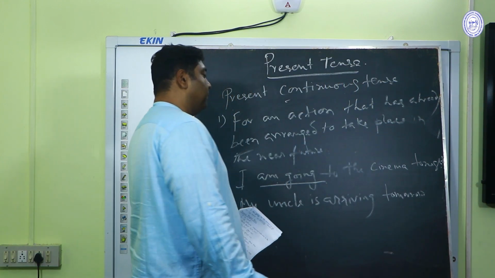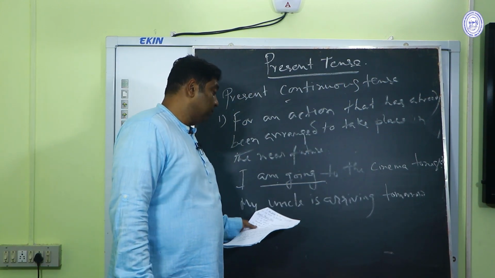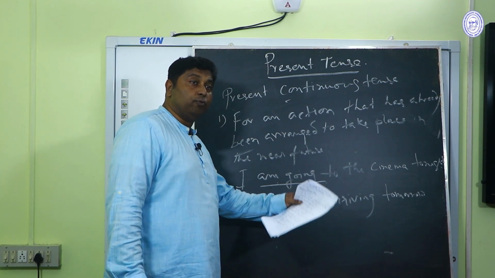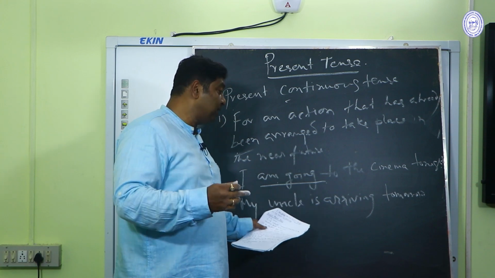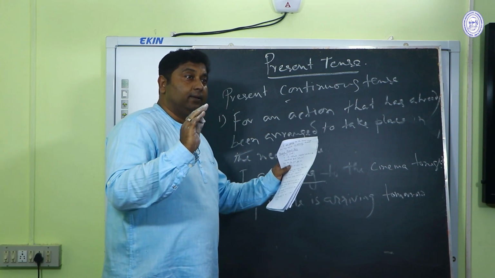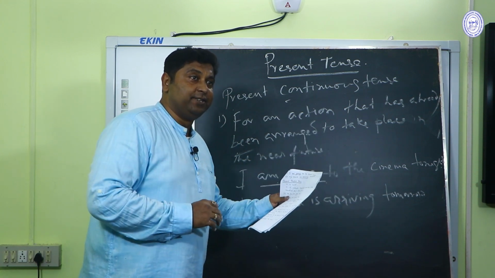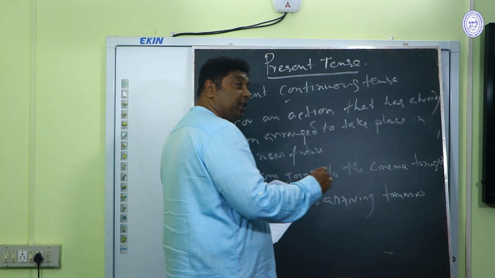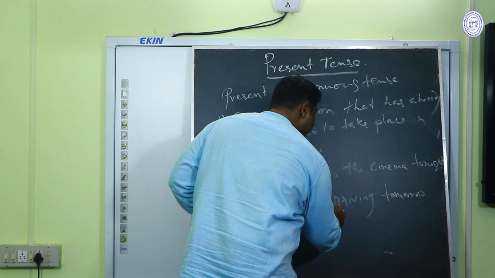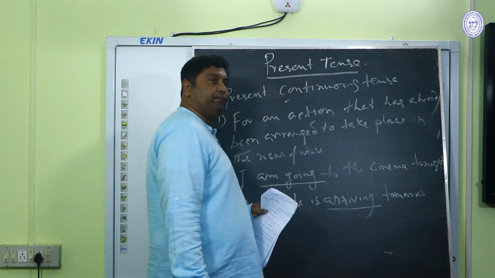See, my uncle is coming tomorrow. My uncle is arriving tomorrow. It is in the future, but the action has been arranged. We are using the present continuous tense over here. See, clear?